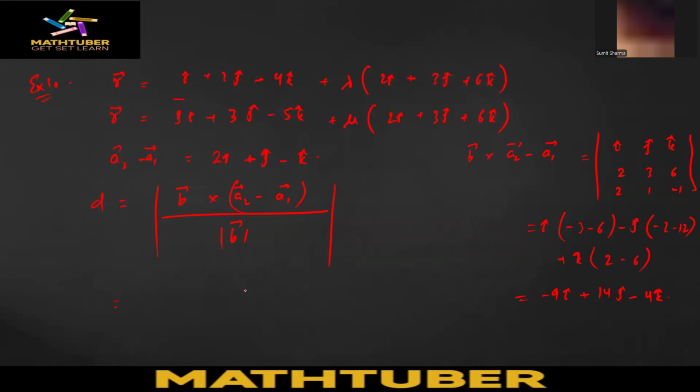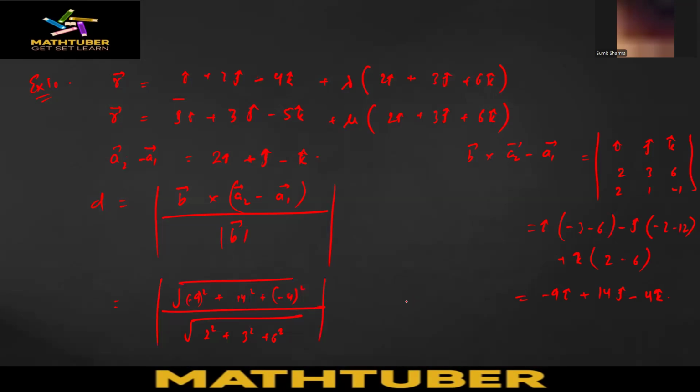And now we have to find the magnitude of this. So the magnitude of this is under root of 9 square plus 14 square plus minus 4 square, divided by the magnitude of b vector, that is 2 square plus 3 square plus 6 square, whole modulus.